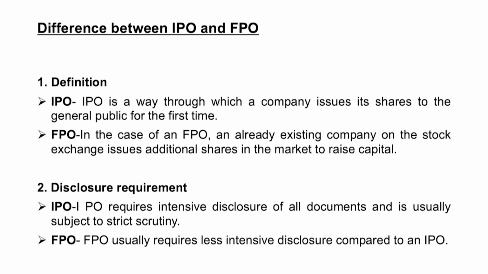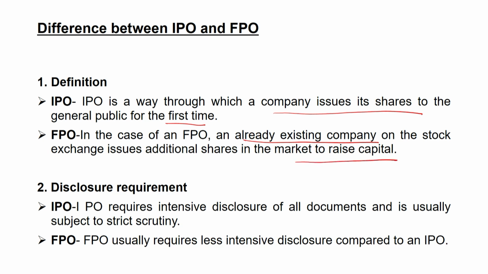Now, let us understand the difference between the IPO and FPO, and how it can be helpful for the companies under different kinds of situations. If we talk about the meaning, IPO is a way through which the company issues its shares to the general public for the first time, whereas in the case of FPOs, an already existing company on the stock exchanges issues some additional shares into the market to raise capital.